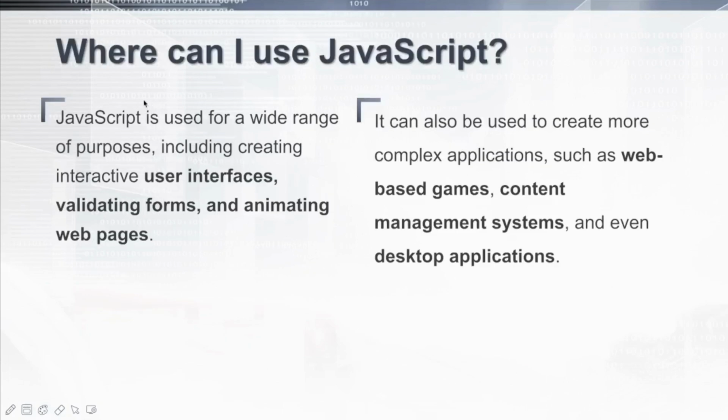So in this video we're going to look at where I can use JavaScript, what I can use JavaScript to do. So JavaScript is used for a wide range of purposes, including creating interactive user interfaces, validating forms, and animating web pages.